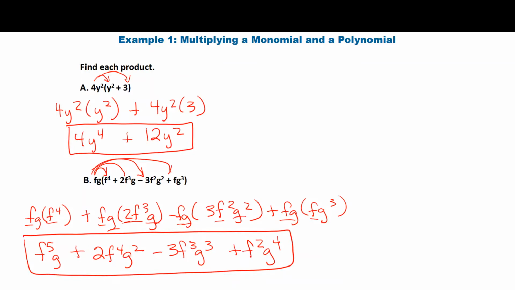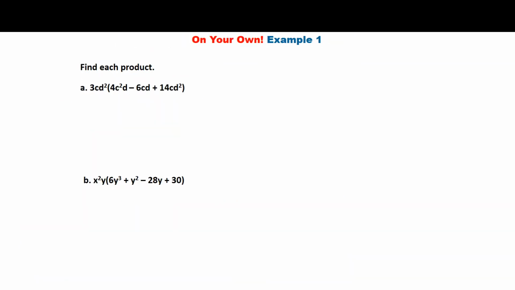All right, try this one on your own. Go ahead and turn your video off and give it a try. All right, once again, all we have to do is distribute. So we're going to distribute our 3cd squared to everything. 3cd squared times 4c squared d.